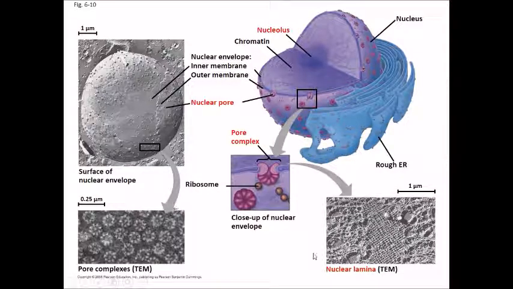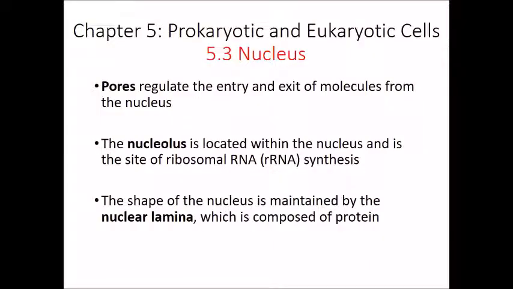And this is the nuclear lamina, located on the surface of the nuclear envelope. The nucleopore functions to regulate the entry and exit of molecules from the nucleus.